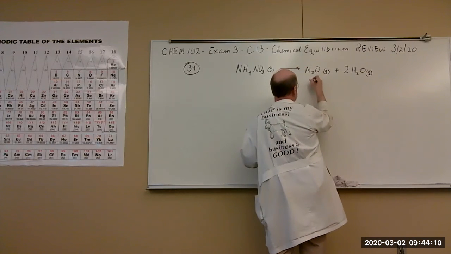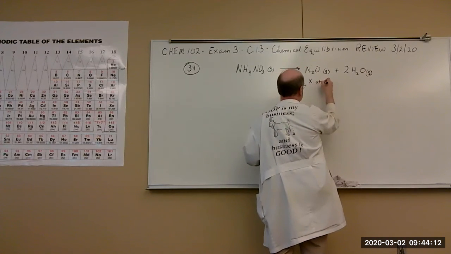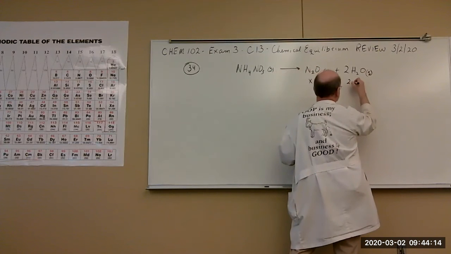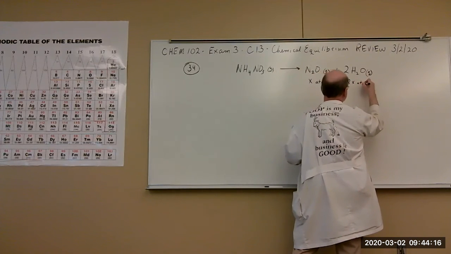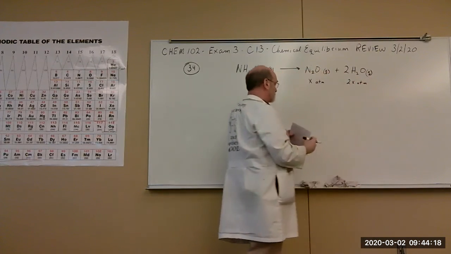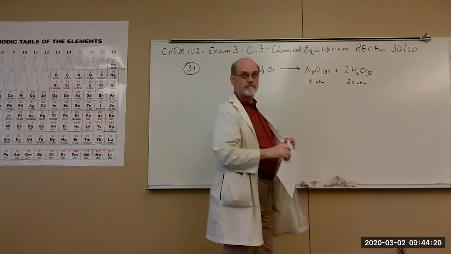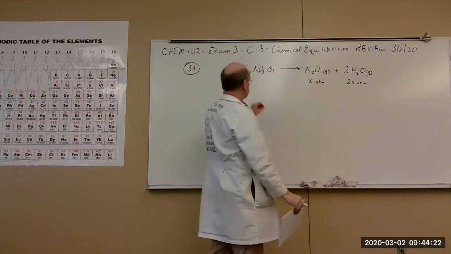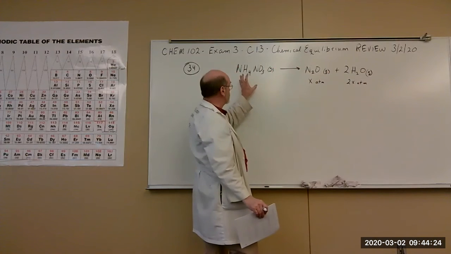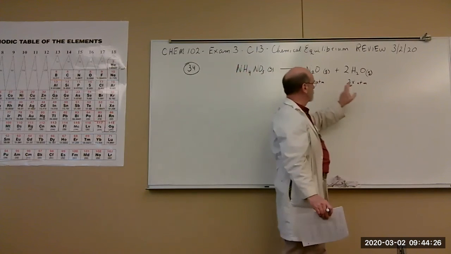So this is going to be, say, X atmospheres. This is going to be 2X atmospheres. Right? Because the molar ratio says that for every one of these, you get one of those plus two of those.